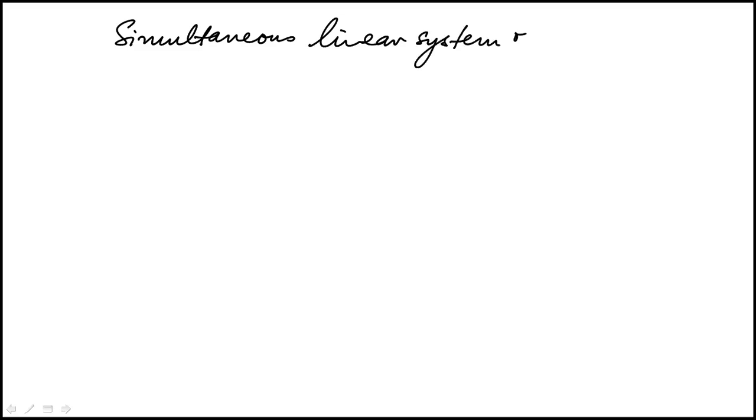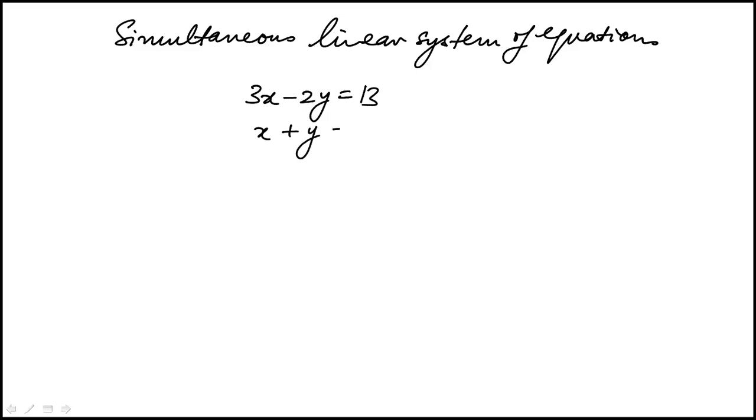Now, we're going to next cover what are called the simultaneous linear system of equations. And an example of that would be 3x minus 2y is equal to 13, and x plus y equal to 1. So the linear referring to, again, just x and y, and system referring to these two equations.